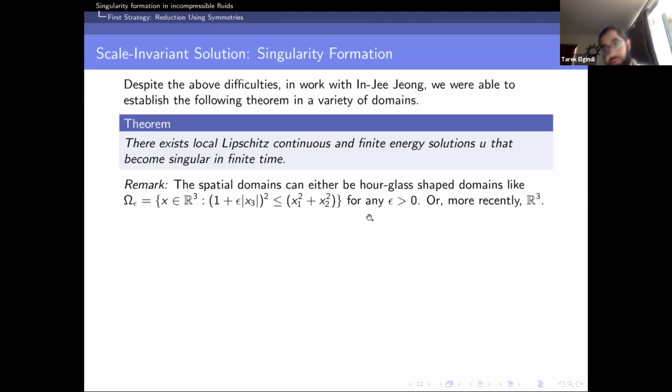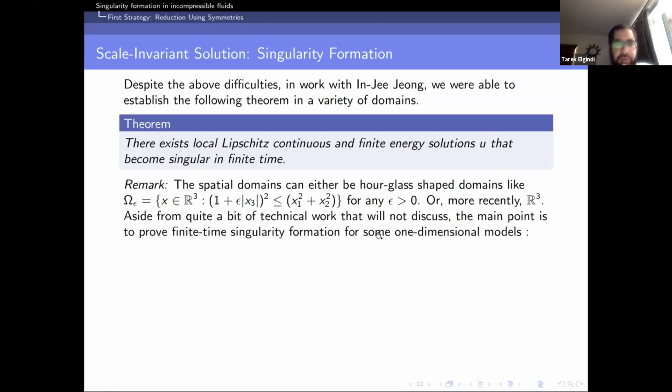So you can consider such a domain, or even the whole space. There's a bit of technical work to deal with the regularity issue, but the main point is that you want to prove finite time singularity for the class of scale invariant solutions.